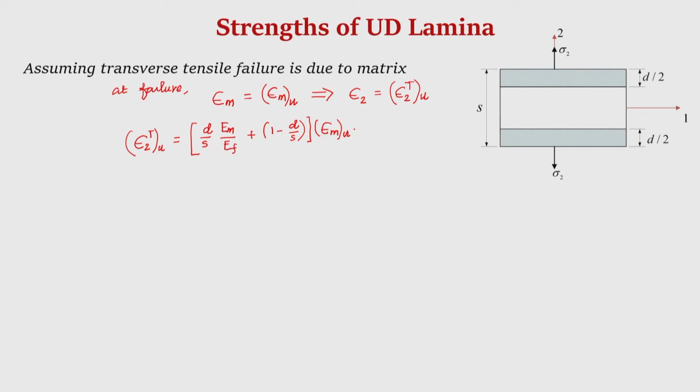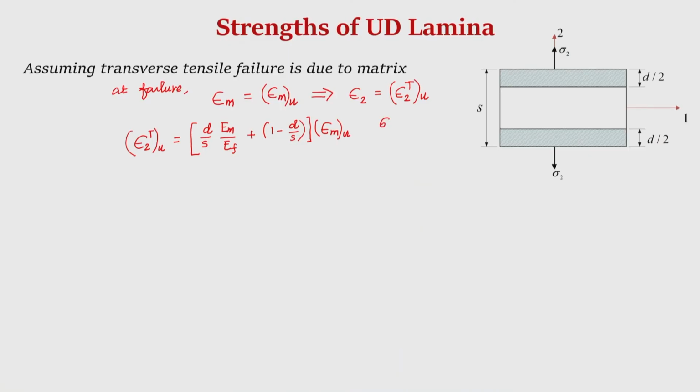So, this is the expression for ultimate transverse tensile strain of the composite in terms of the ultimate strain of the matrix. This is our equation number 6.